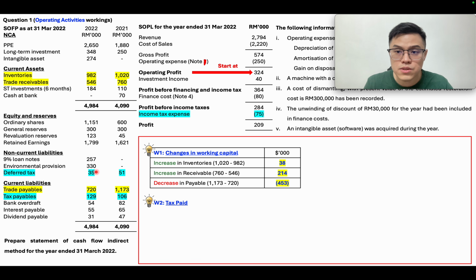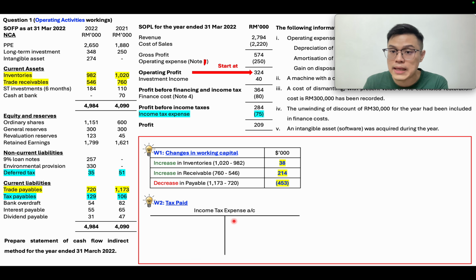Deferred tax reduced, which reduces your income tax expense for this year, because when you debit your deferred tax liability, you credit income tax expense to reduce the expense. This is a non-cash item, so you need to take it out. And you have tax payable: opening, you owe income tax of 106, and ending, you owe income tax of 129.